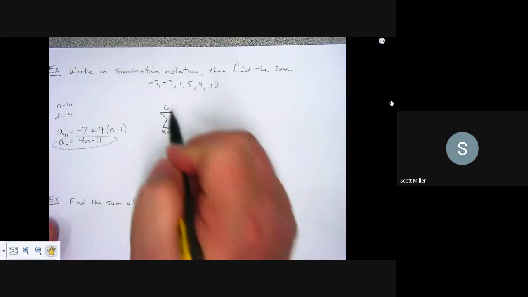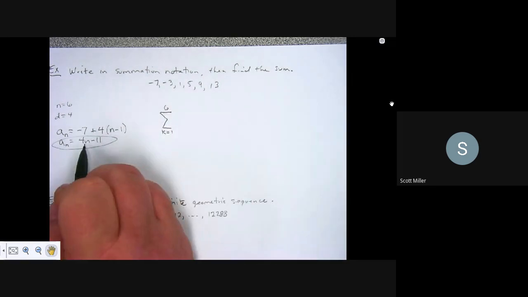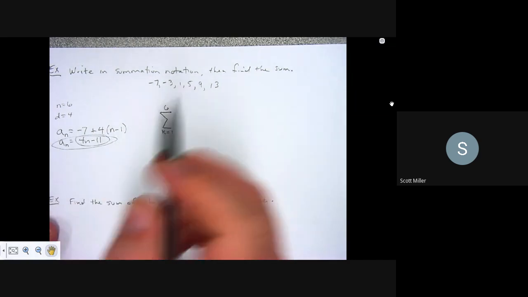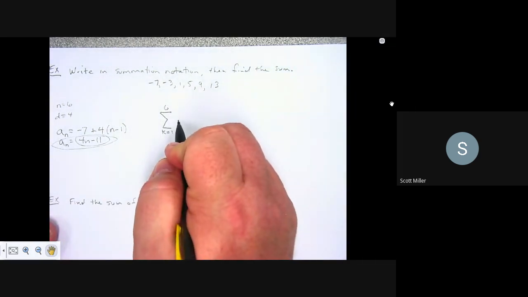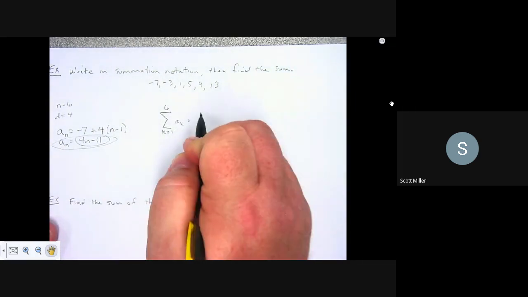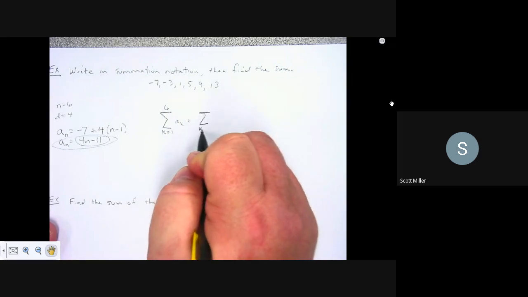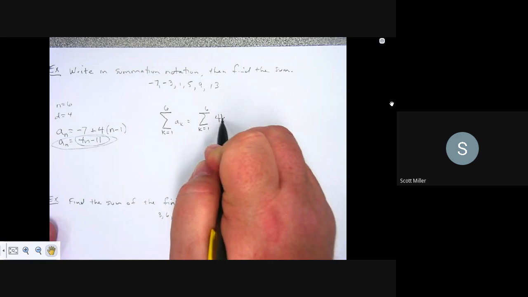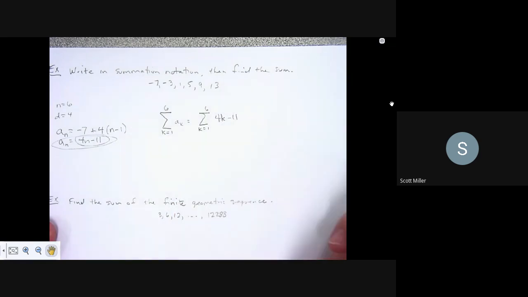So we're going to go from 1 to 6. You take this expression right here, your explicit rule, because this would be a sub k, which then becomes k equals 1 to 6, and a sub k is this, but with a k in there. So that is the summation notation.